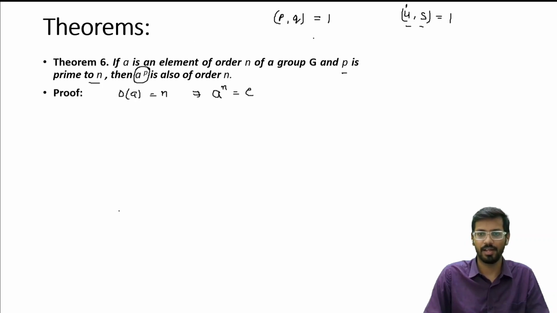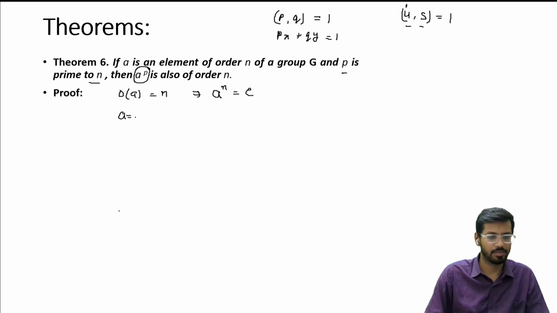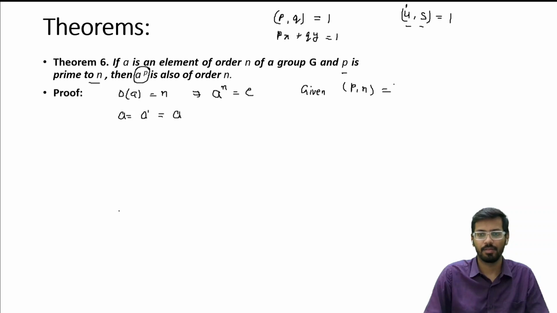So for that, we can write by the division algorithm px plus qy is equal to 1. From this, we will take a is equal to a raised to power 1, that is equal to a raised to the power, given that p and n are relatively prime.